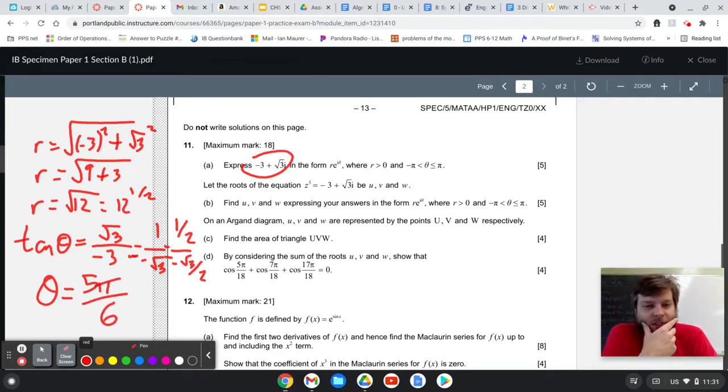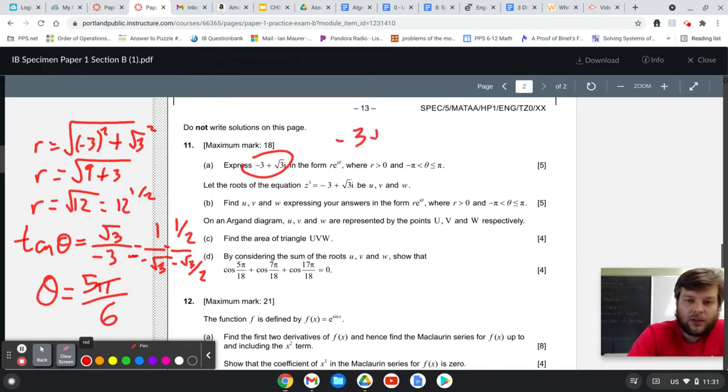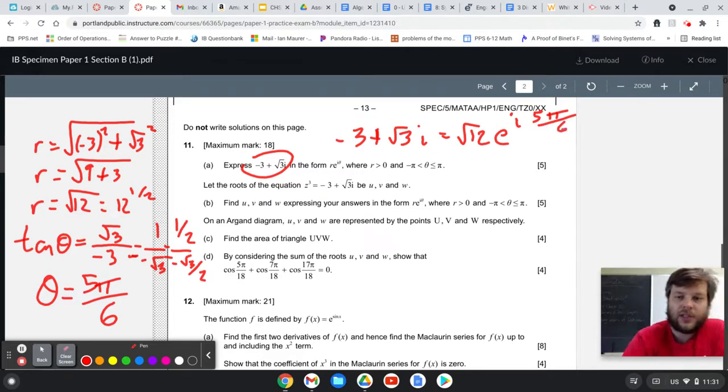Because 5 pi over 6 has a sine value of a half and a cosine value of negative square root of 3 over 2. And so we can express it in the form required: negative 3 plus square root of 3i is equal to square root of 12 times e to the i, 5 pi over 6.